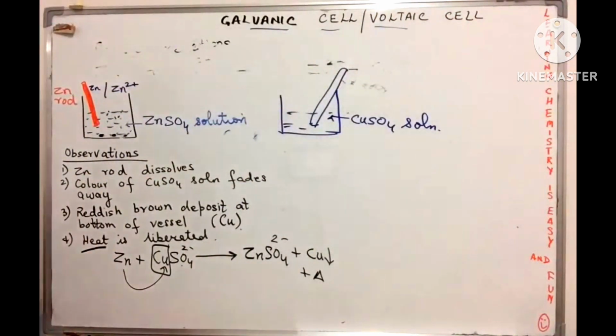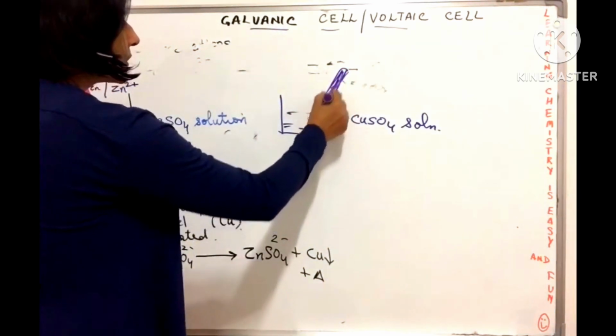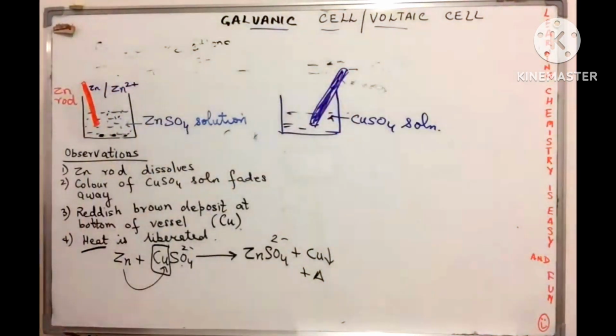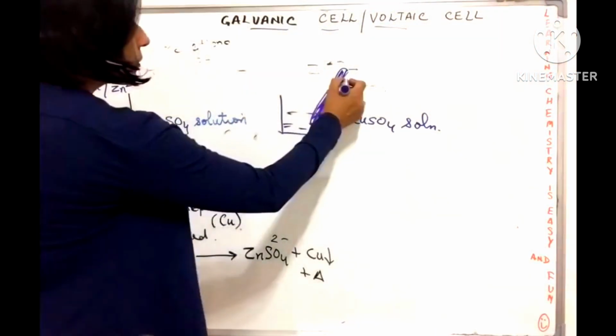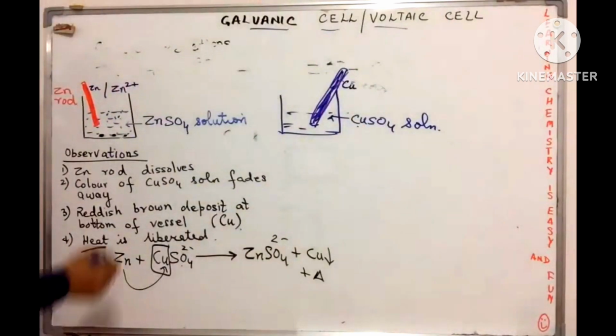Now, immersing a copper rod means, again, copper is in contact with copper ions. So, we've got a copper rod in contact with copper ions over here.